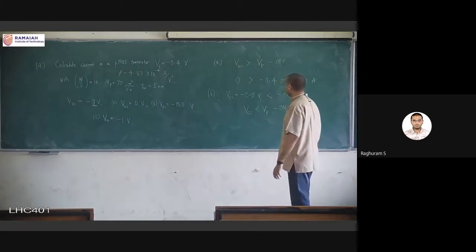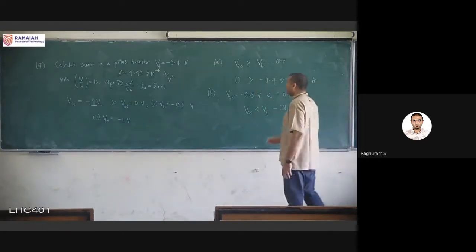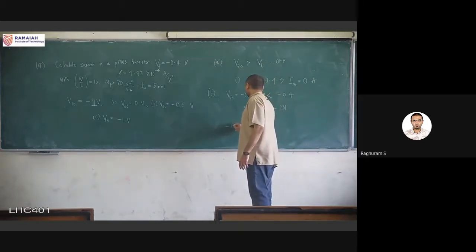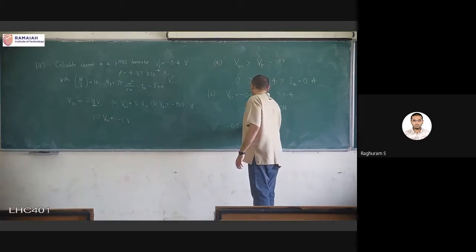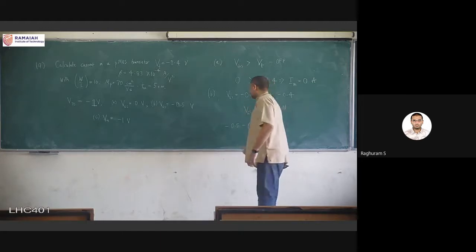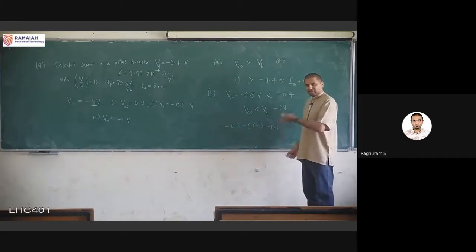So that we will do by comparing VGS minus VT. That is minus 0.5 minus of minus 0.4 equal to minus 0.1. This is my VGS minus VT. Even though VT is having a negative symbol, I should put that also.